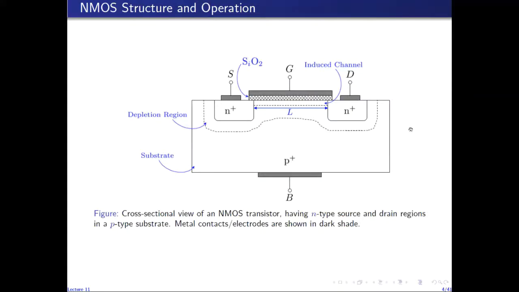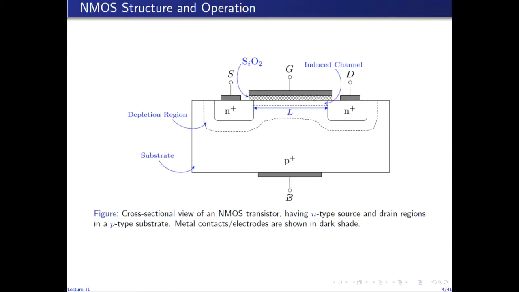I will discuss the device structure and its physical operation for an NMOS device only. The corresponding analysis can be carried out for a PMOS device by reversing the polarities of the node voltages and reversing the direction of the current.